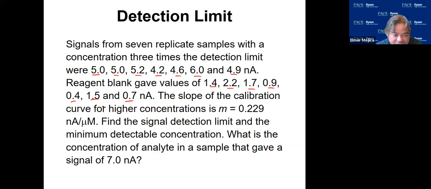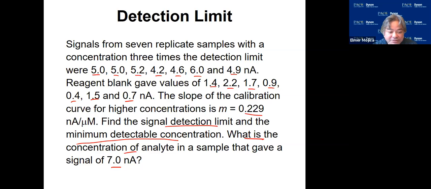The slope of the calibration curve for higher concentration is 0.229 nanoampere per micromolar. Find the signal detection limit and the minimal detectable concentration. What is the concentration of the analyte in the sample that gave a signal of 7 nanoampere?